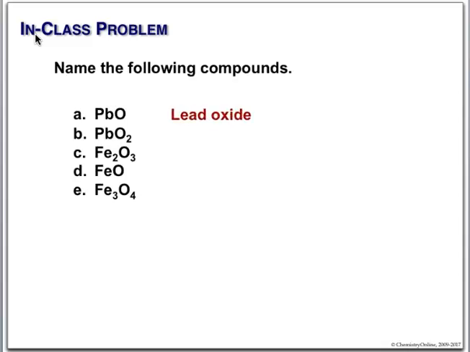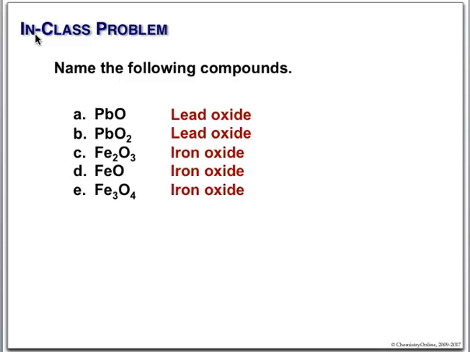PbO2, lead and an oxygen. Well, that's lead oxide too. Iron and oxygen. Iron oxide. Iron oxide. This is what happens to typical transition metals.